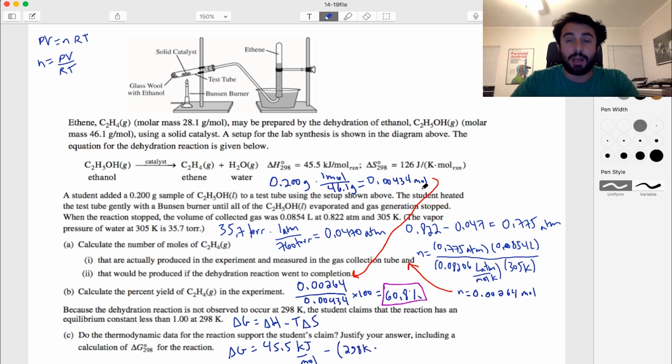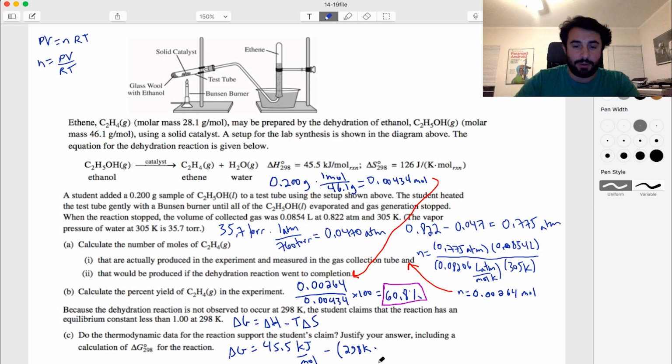This is a very common source of error. Delta H's are typically reported in kilojoules per mole, while changes in entropy are typically reported in joules per mole Kelvin. So we're going to have to divide this by 1,000. Very common source of error. But make sure you don't make this mistake.